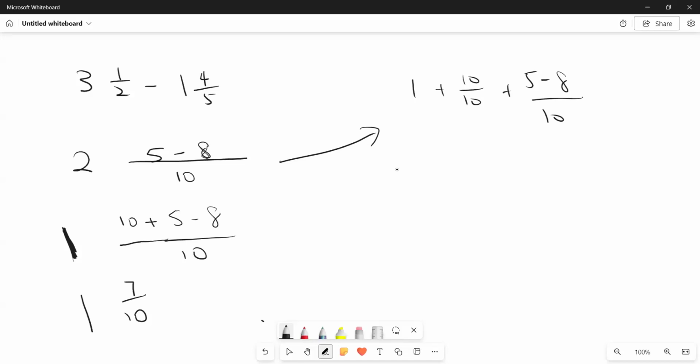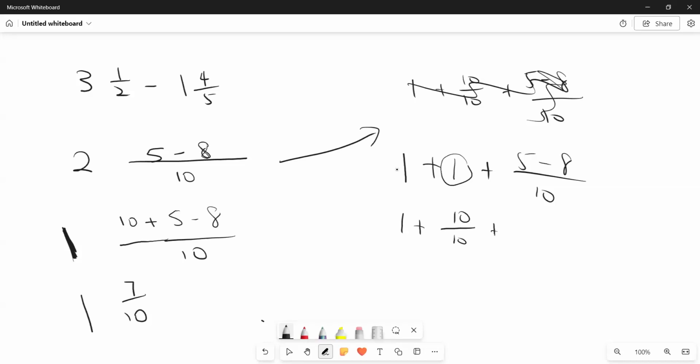Good. So what they normally tell you to do is take 1 from this 2, so we get 1 here. Imagine this 2 to be 1 plus 1 plus 5 minus 8, over 10.